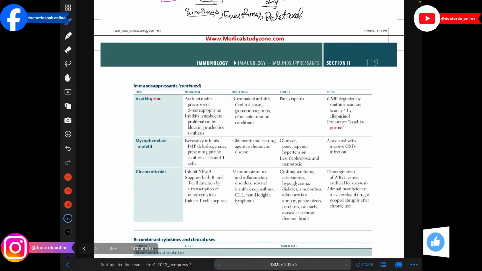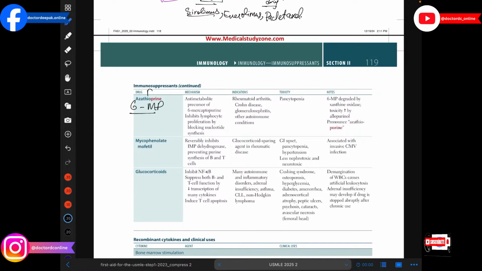Now we are moving to the next drug, that is Azathioprine. Azathioprine is used in transplant and autoimmune diseases, and it is a prodrug that is converted into 6-mercaptopurine.